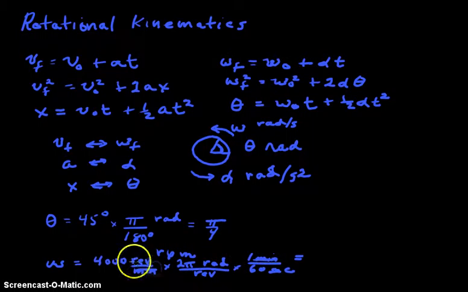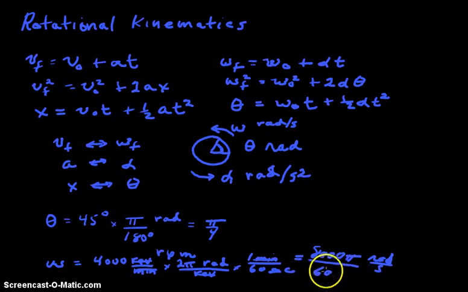Minutes cancel with minutes, revolutions cancel with revolutions, and so you end up with radians per second. So this would be 8,000 pi over 60, and the units would be radians per second.